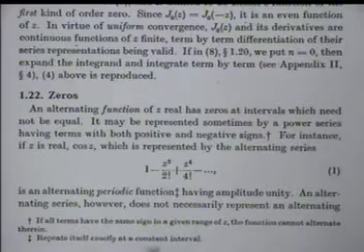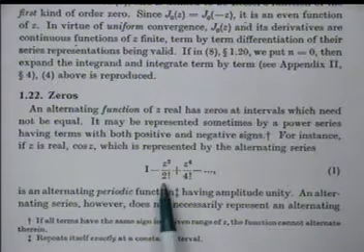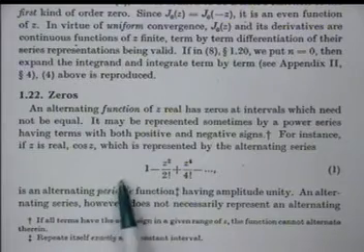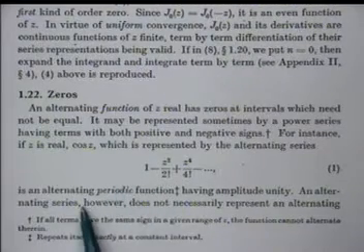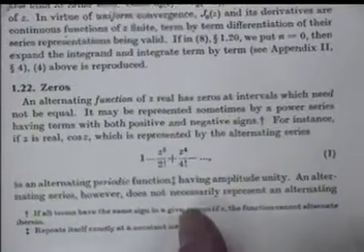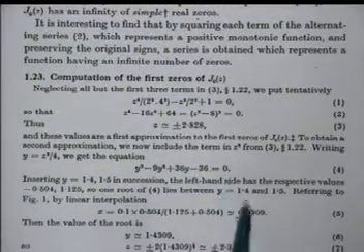Not everything's like a sine function or cosine function. But since it does oscillate, we can find the values where it crosses the axis. And so this book goes into a couple of numerical methods of how to find those values.